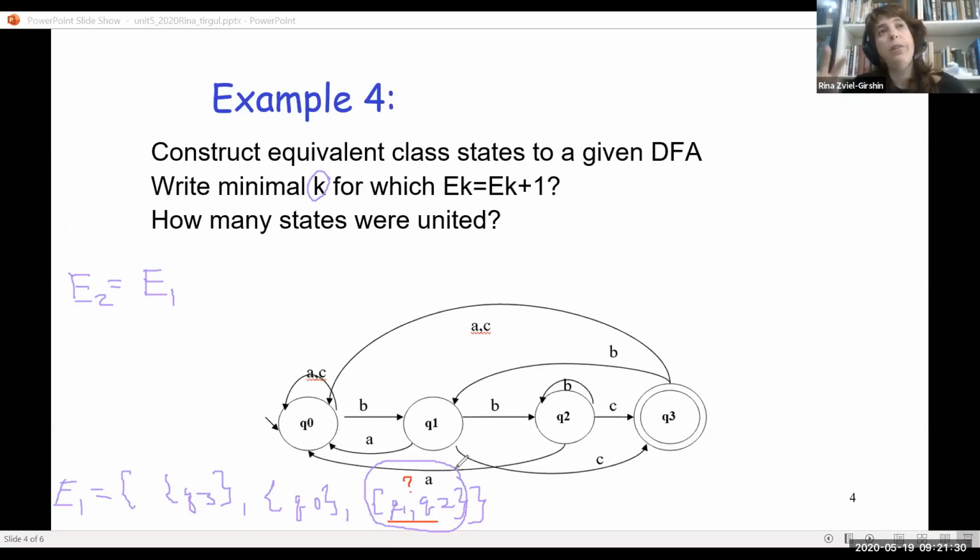Sometimes when you have, for example, several groups, for example, I will have Q1 and Q2 united, let's say, and I will have Q4 and Q6 united. So sometimes when answering this question, students find it difficult, because it's not that 4 states were united. It is 2 states that were united twice.